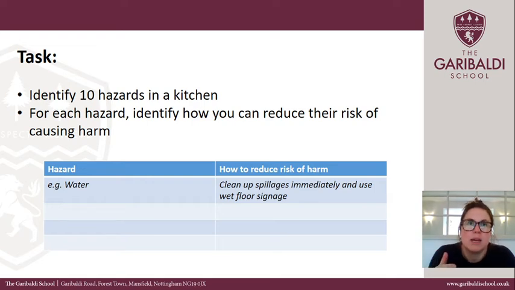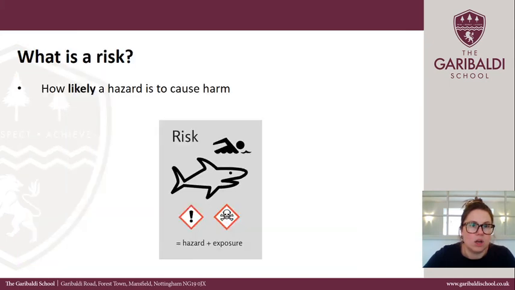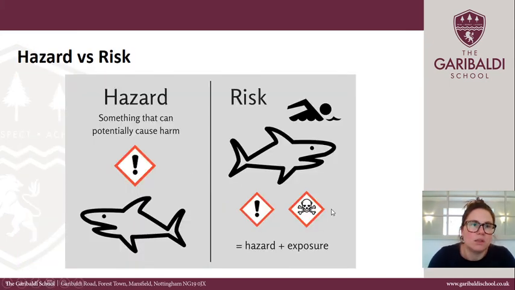Another example would be, if we go back to the shark analogy, so a hazard might be a knife, kitchen knife. The risk would be if you have a kitchen knife that is locked away in a drawer, the risk is very, very minimal that you're going to cause yourself harm.